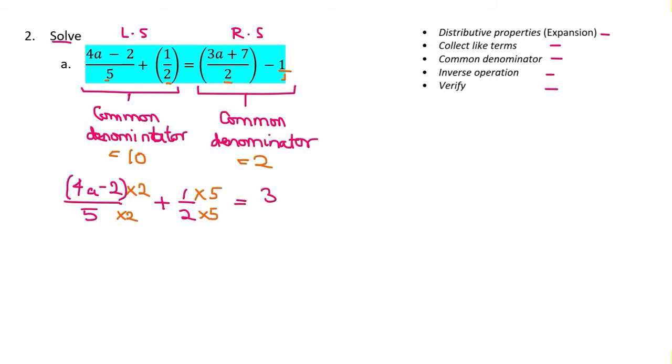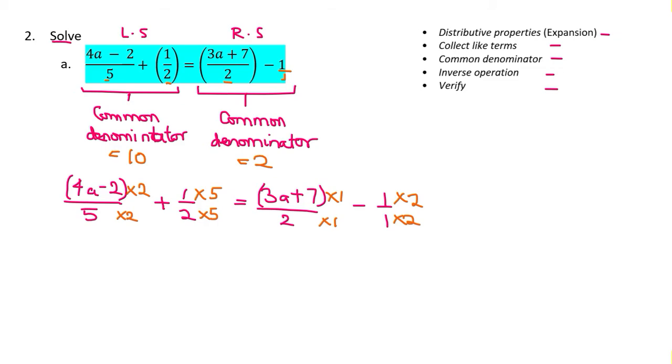So here we have (3a plus 7), we'll put a bracket, over 2, and the denominator you multiply by 1, as well as the numerator, while on the other side we have -1 over 1. Here this denominator we multiply by 2, and the numerator we multiply by 2 as well.